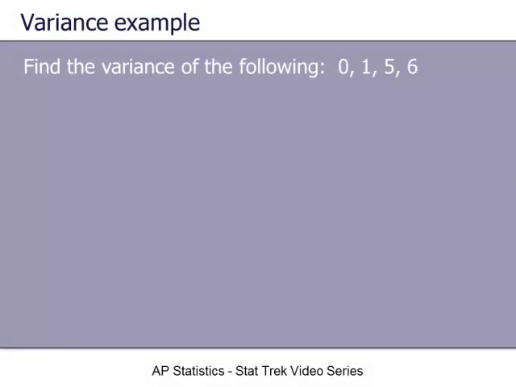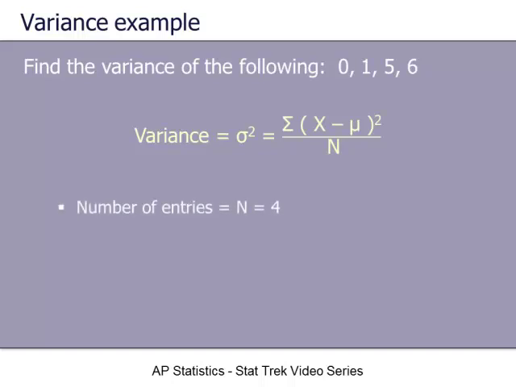Let's work through an example. We want to find the variance of 4 numbers, 0, 1, 5, and 6. We will use the formula for variance. To compute the variance from this formula, we need to know several things. First, we need to know the value for n, the number of values in the dataset. We have 4 numbers in the dataset, so n equals 4.